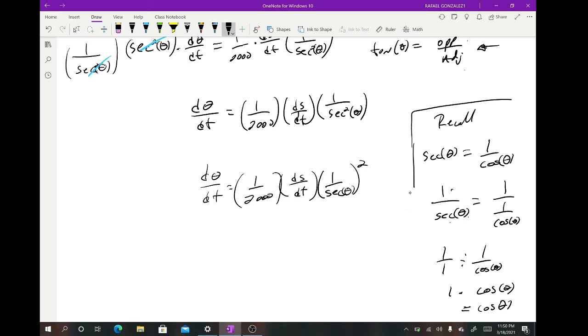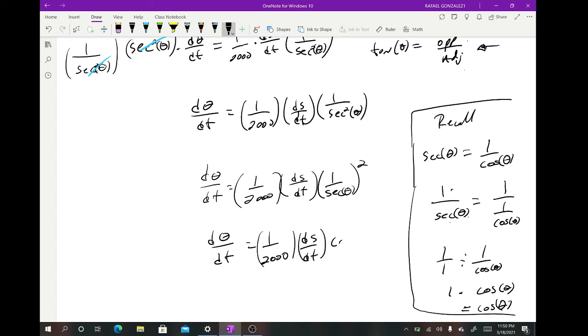But now we saw that 1 over secant of theta is simply cosine of theta, and cosine of theta squared is simply cosine squared theta. So we have 1 over 2,000 times ds dt times cosine squared theta.